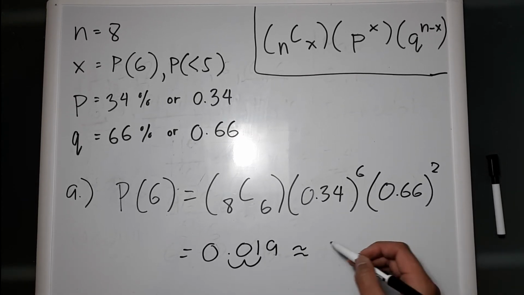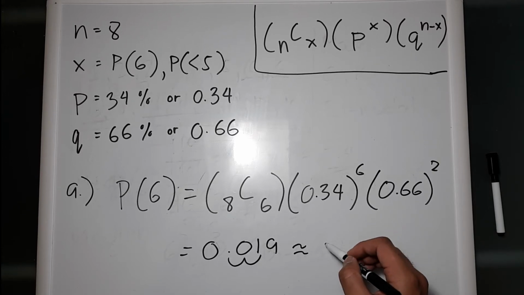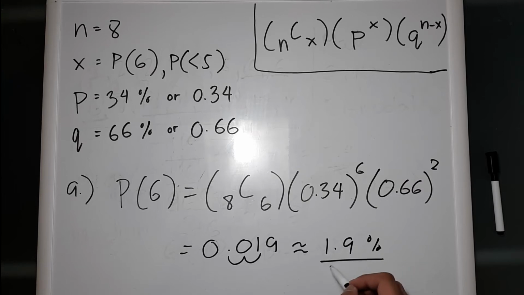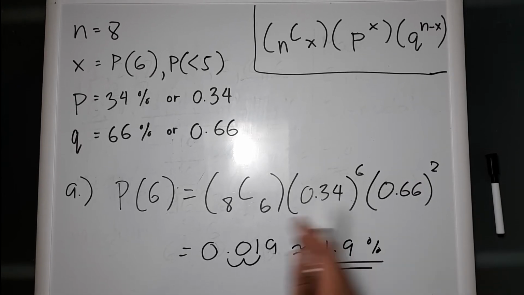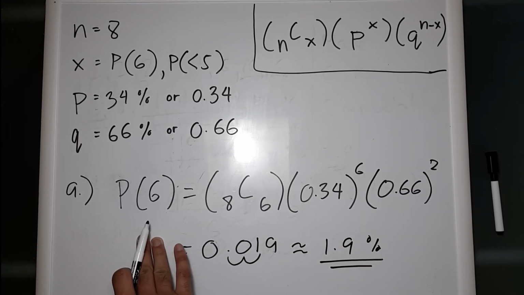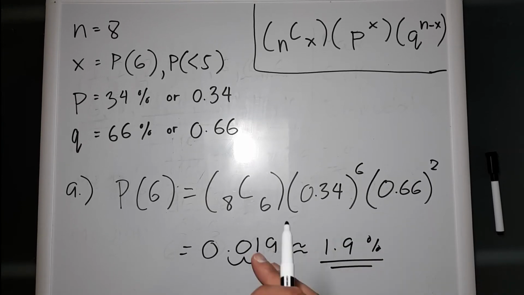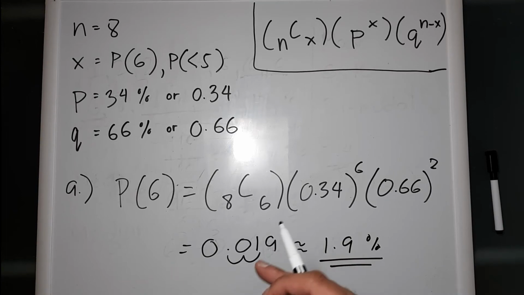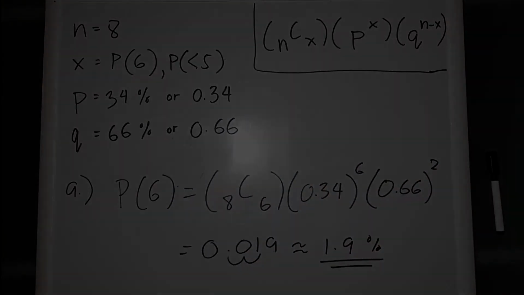So the percentage is 1.9%. This is the probability of selecting exactly 6 US adults that have little confidence in newspapers. So we're going to proceed to the next part.